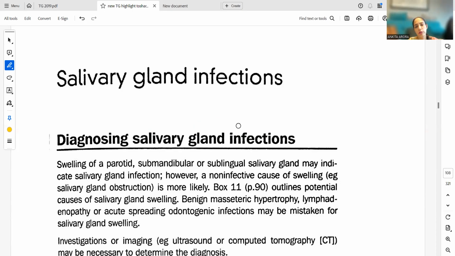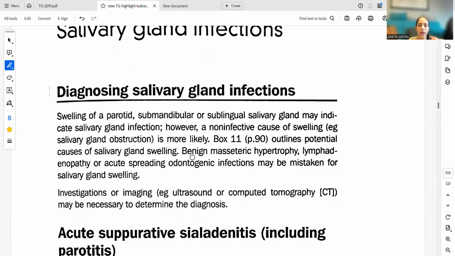We will be continuing from page number 89 of Therapeutic Guidelines, Salivary Gland Infections. Diagnosing salivary gland infections: swelling of a parotid, submandibular or sublingual salivary gland may indicate salivary gland infection. However, a non-infective cause of swelling, for example salivary gland obstruction, is more likely.